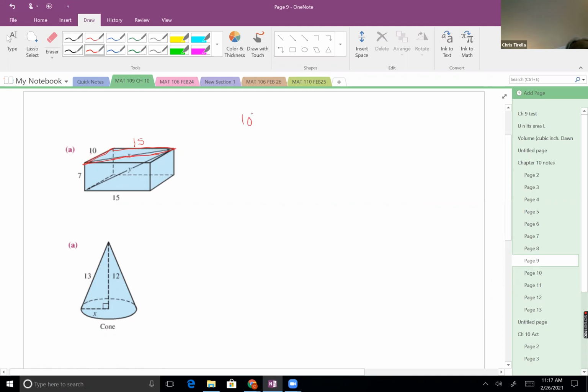And so we'd have 10 squared plus 15 squared equals x squared. And then I'm not going to take the time to find the numbers, but I'm going to then look down here at the bottom, this right triangle. Then I'd have that 7 squared plus x squared equals y squared. So that one's a little bit different. You kind of have to picture the two right triangles in there.